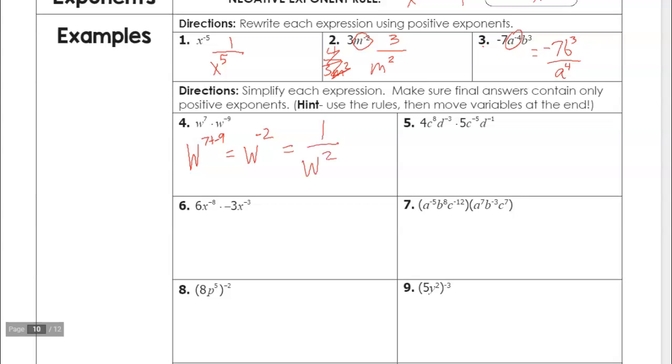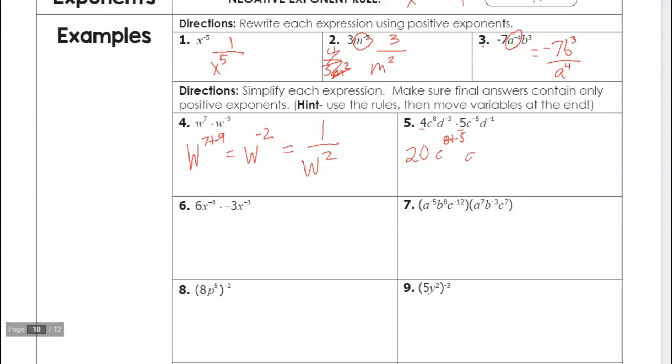On your work today, you can't just skip to this part and to the answer. There's definitely going to be some simplifying first where you're going to have more than one step. Right? On number 5, I'm going to continue to kind of group these together on the first couple. 4 times 5 is 20, so I combine those. My c's, I have c to the 8, and then plus a -5.